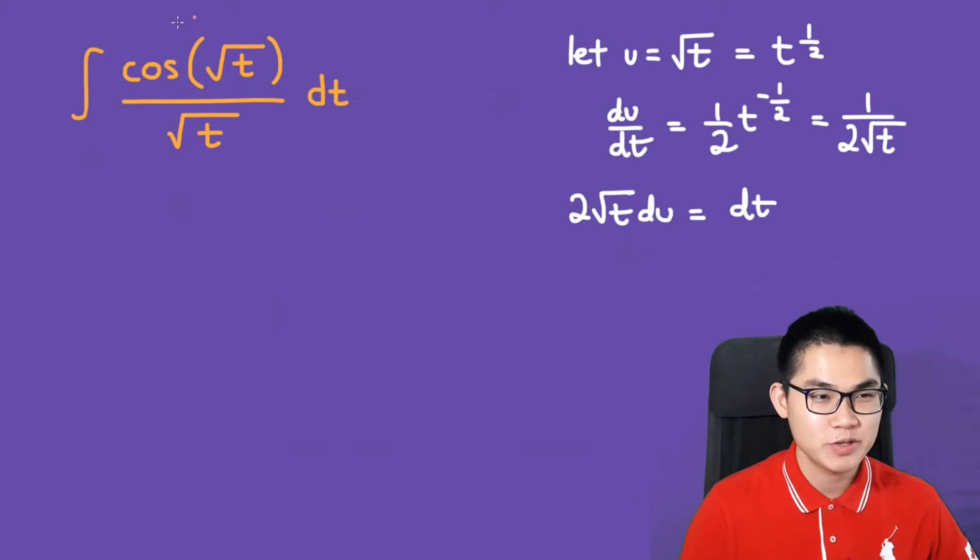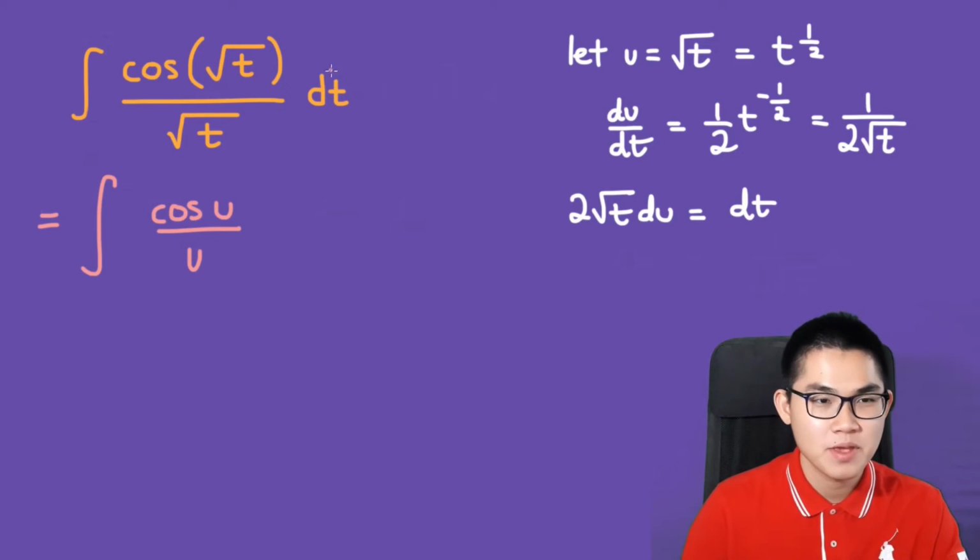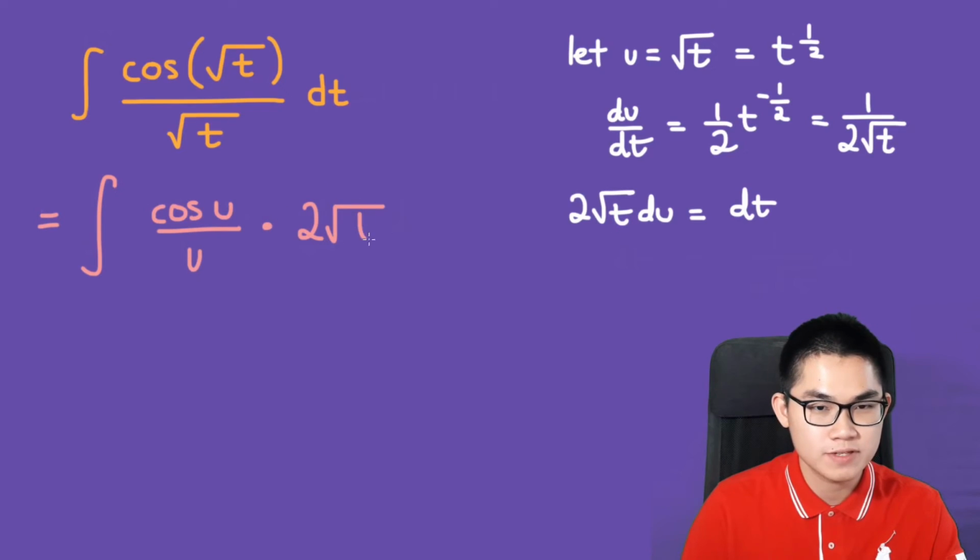Let's go ahead and substitute it back into this integral. So we have the integral of cosine of u over the square root of t, which is also u. And how about this dt here? Well, dt is 2 times the square root of t times du. And notice that we also have another square root of t here, which we can turn into a u.